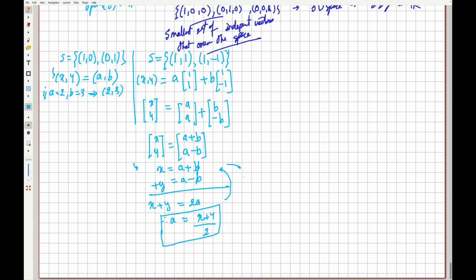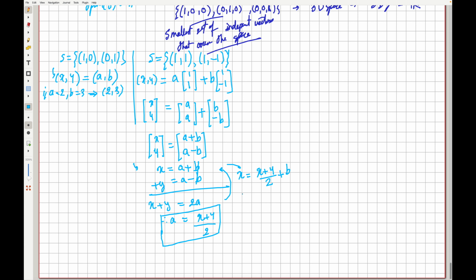Let's say we use the top equation. So x is equal to x plus y divided by 2, plus b, and so we need the value for b.